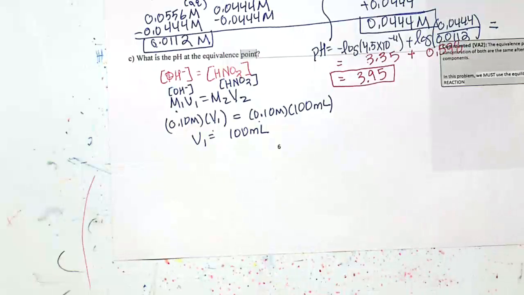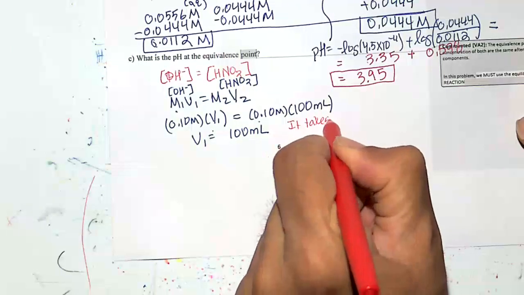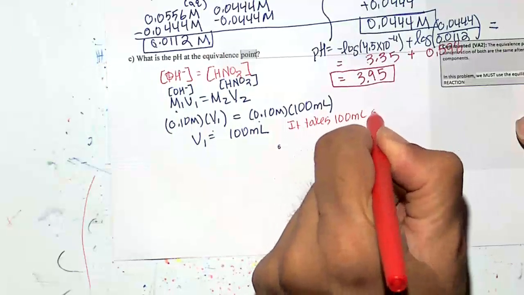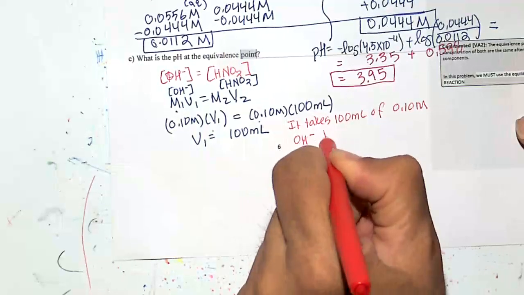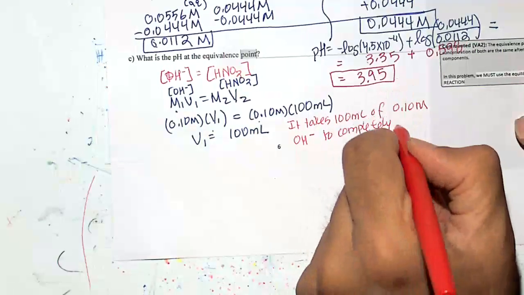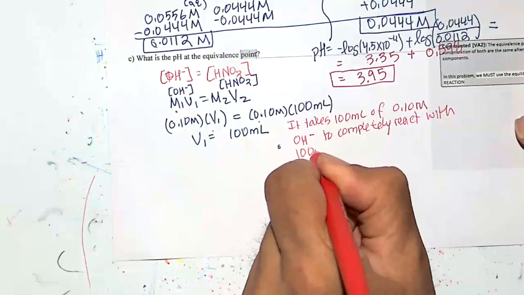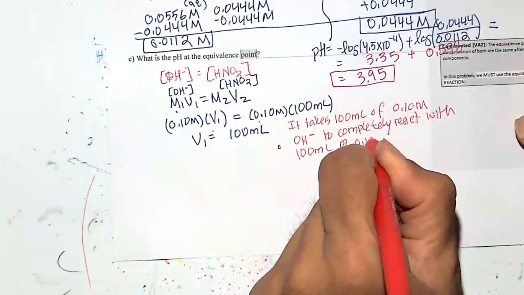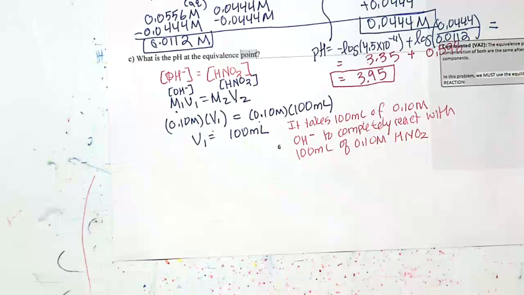So it takes 100 mLs of 0.10 molar OH minus to completely react with the 100 mL of 0.10 molar HNO2, weak acid, nitrous acid. All right, that's when they're equal.